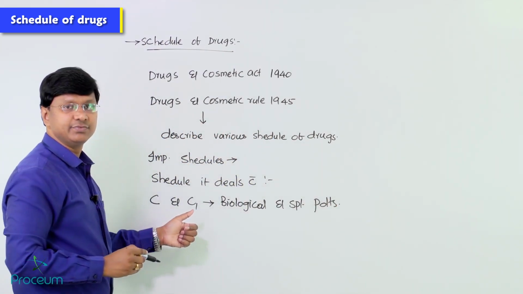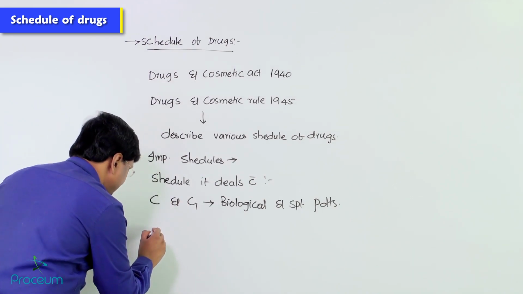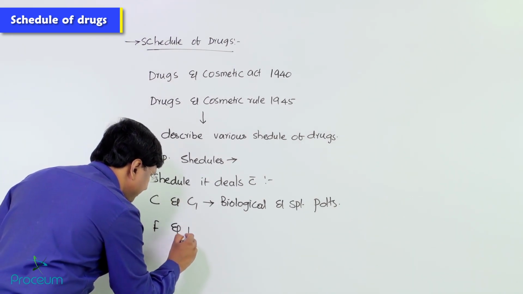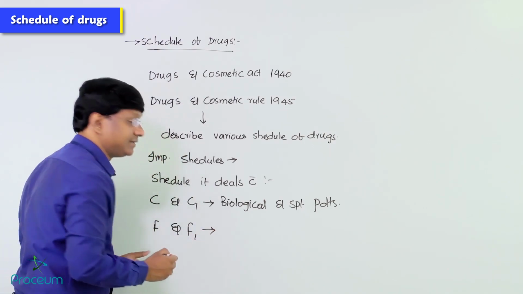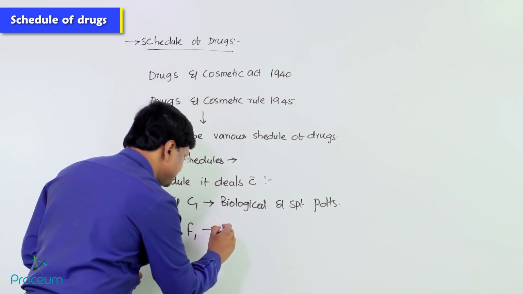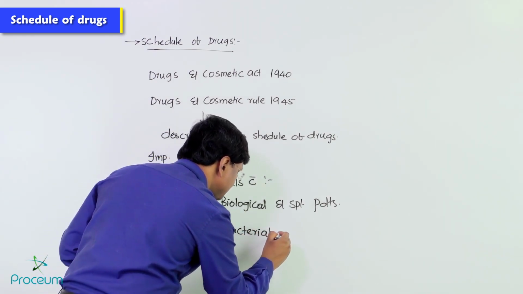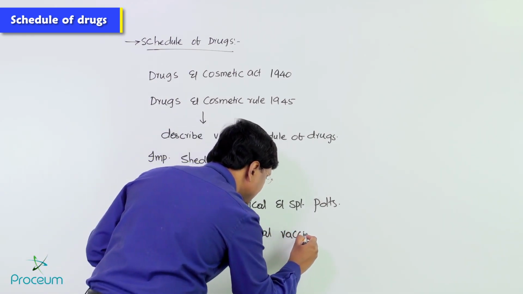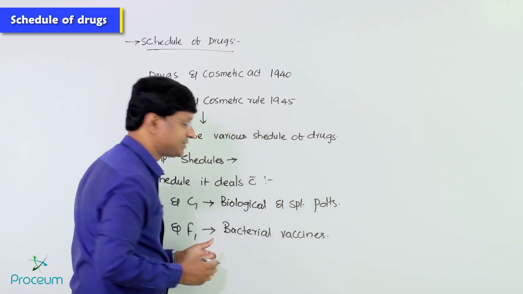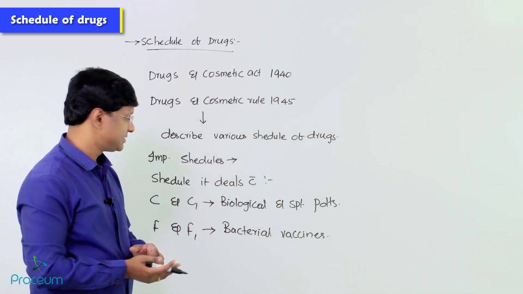That is what C and C1 stand for. Then we have F and F1, which stand for bacterial vaccines.